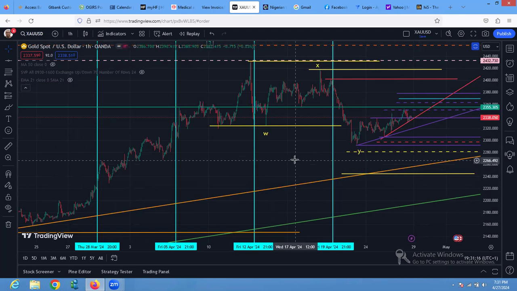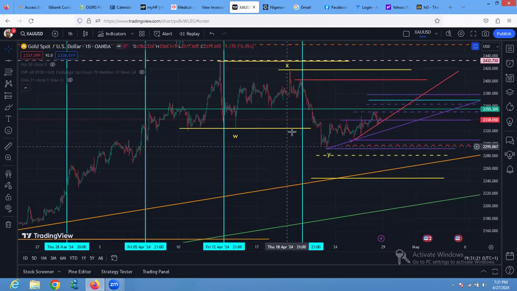So we call it a double correction. It might just be a double correction that we're going to get. We don't know for sure, but this is the area that I said of once we break this area, price is going to go up. Not even this one.